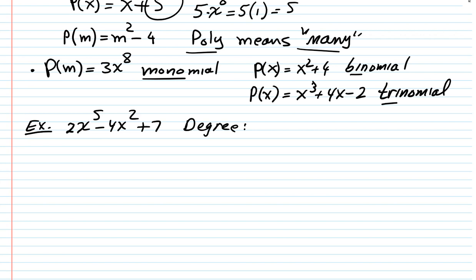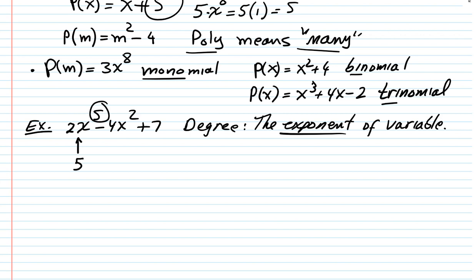The degree of a term in a polynomial is the exponent on the variable that we are working with. So for example, 2x to the 5th, the degree of this term is 5. The degree of x squared is 2. The degree of the constant is 0, because again, you can write it as 7 times x to the 0 power. So those are the degrees of each of those terms.